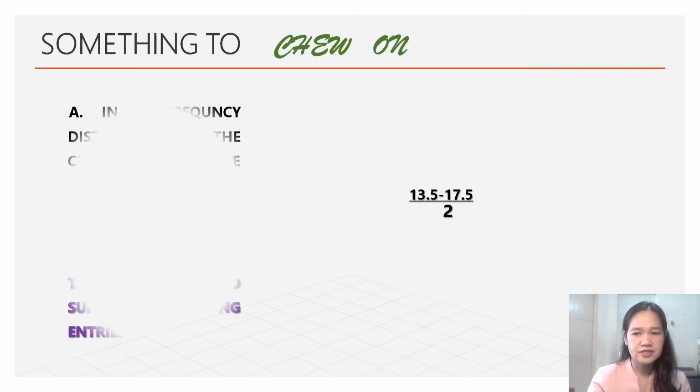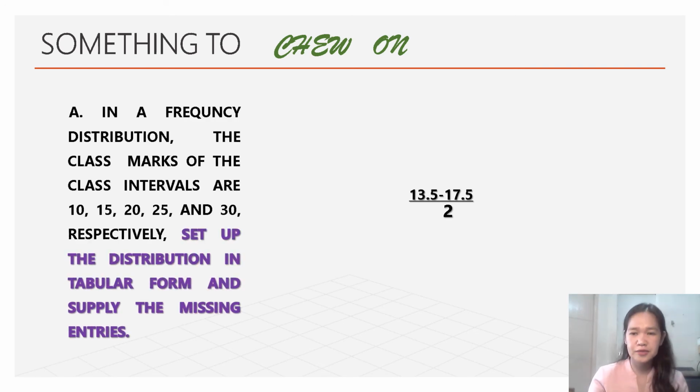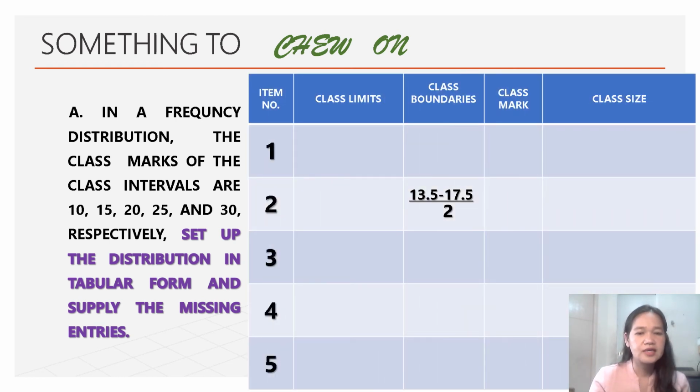So let's have some exercises to chew on. In a frequency distribution, the class marks of the class intervals are 10, 15, 20, 25, and 30 respectively. I would like you to set up the distribution in tabular form and supply the missing entries.